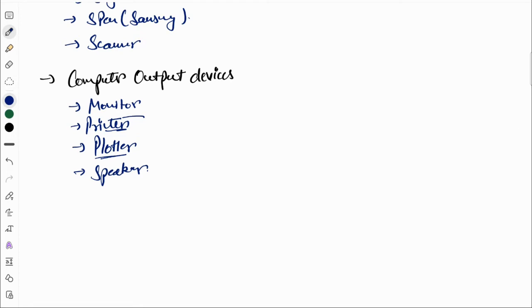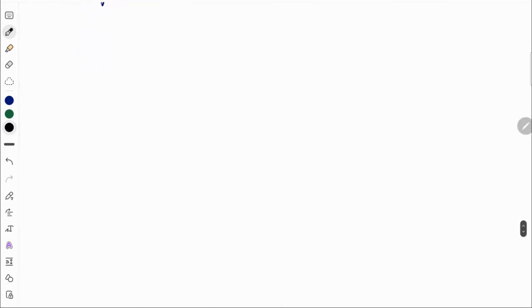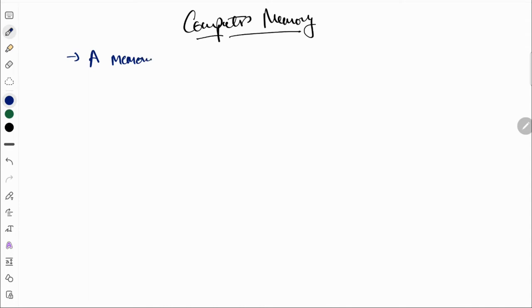The next is memory, computer memory. A memory is just like a human brain.